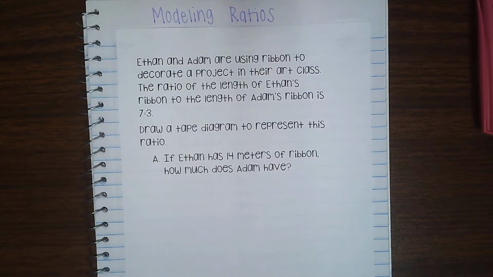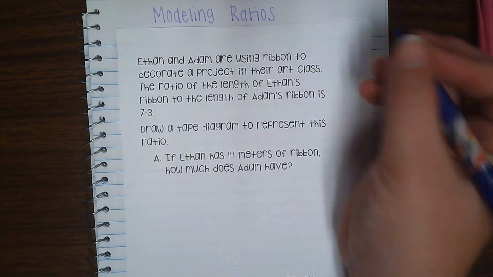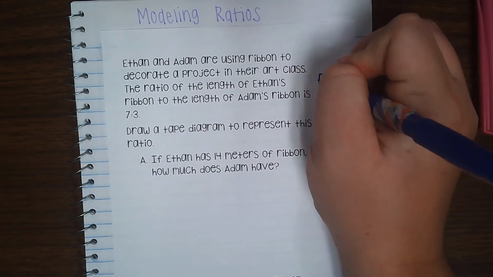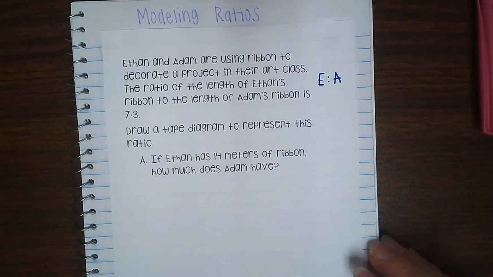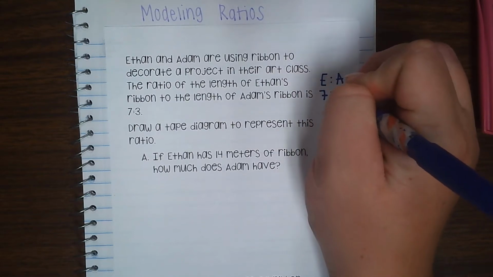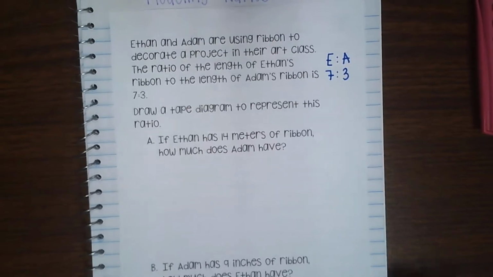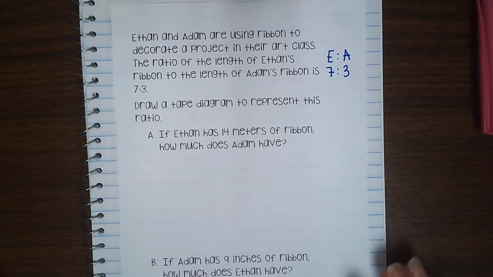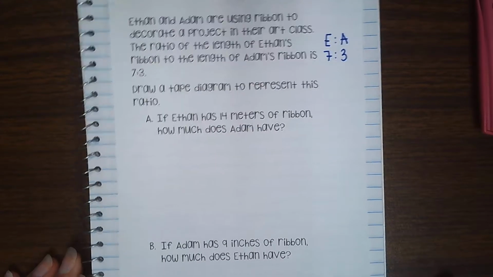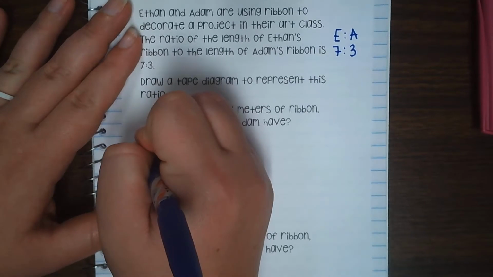Okay, so I'm going to take a step back and think about what I know. I know that I'm comparing Ethan's ribbon to Adam's ribbon, and that it is a 7:3 ratio. Okay, so A says if Ethan has 14 meters of ribbon, how much does Adam have? So let's look at Ethan's ribbon.